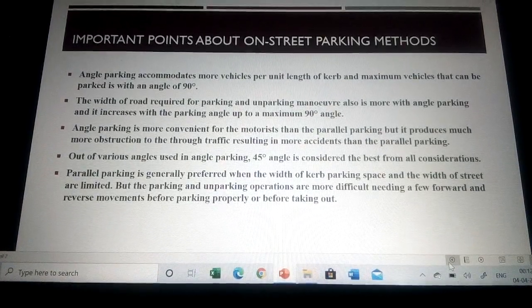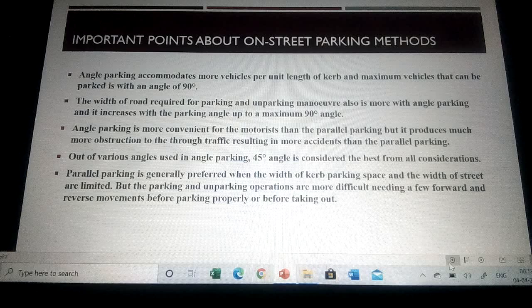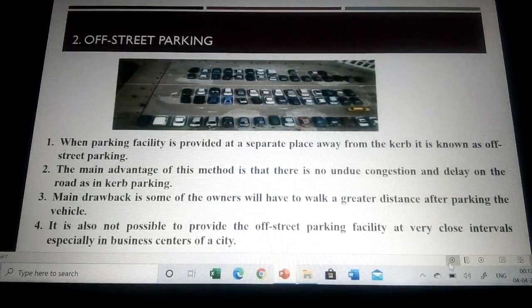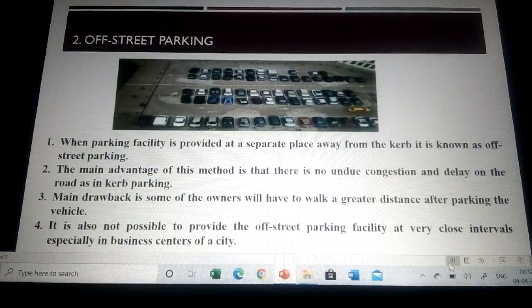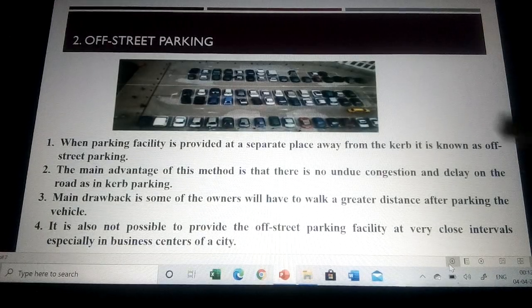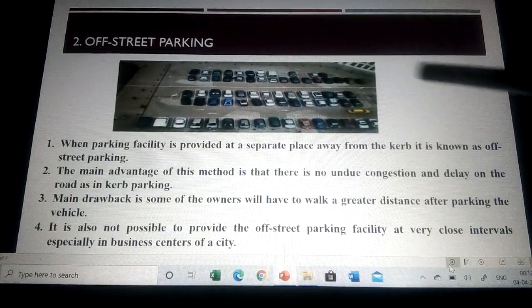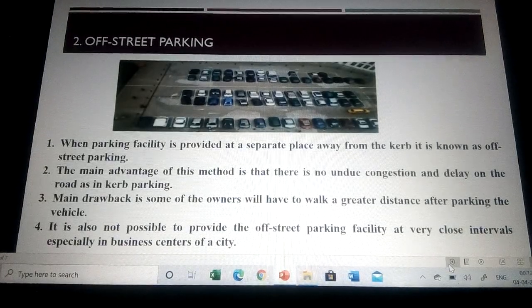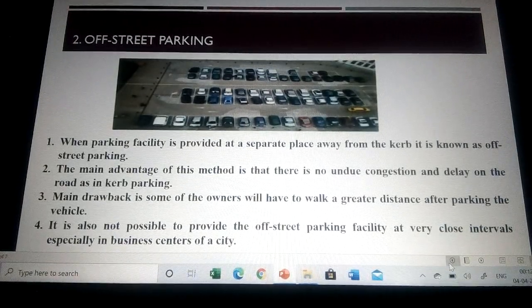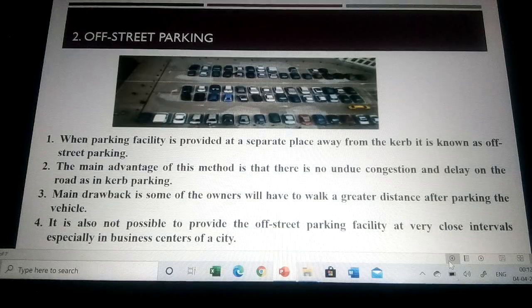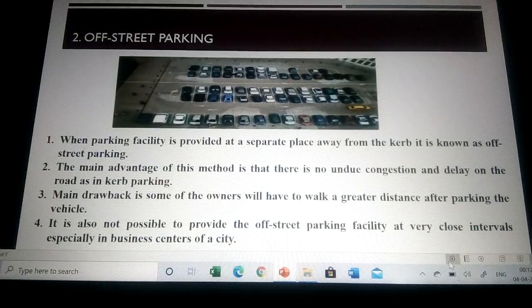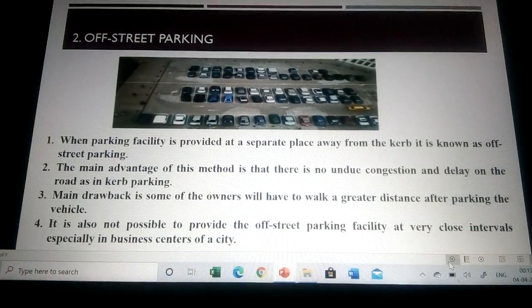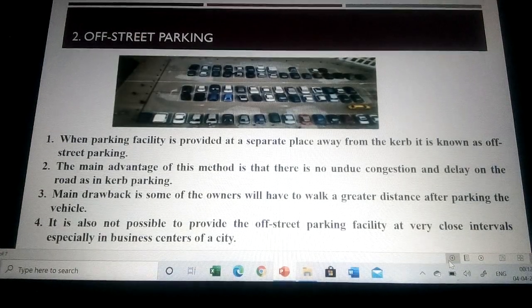So this was about on-street parking methods, and now let us see what are off-street parking methods. Now, as you can see in this figure, off-street parking is a facility provided at a separate place away from the curb, and it is known as off-street parking. The main advantage of this method is that there is no undue congestion and delay on the road, as in the case of curb parking.